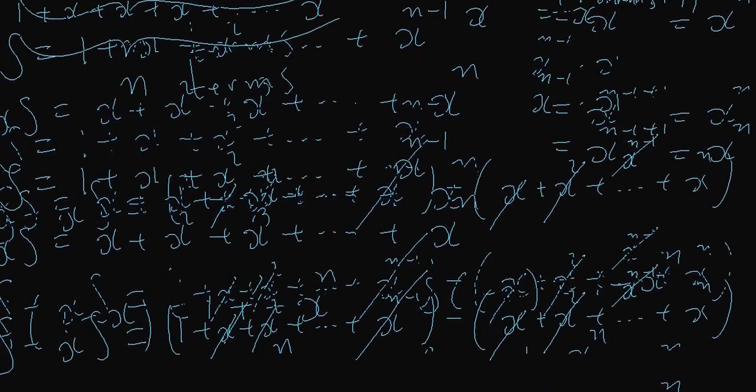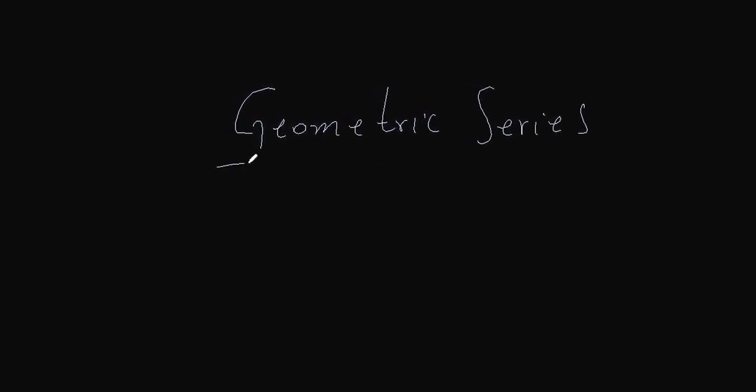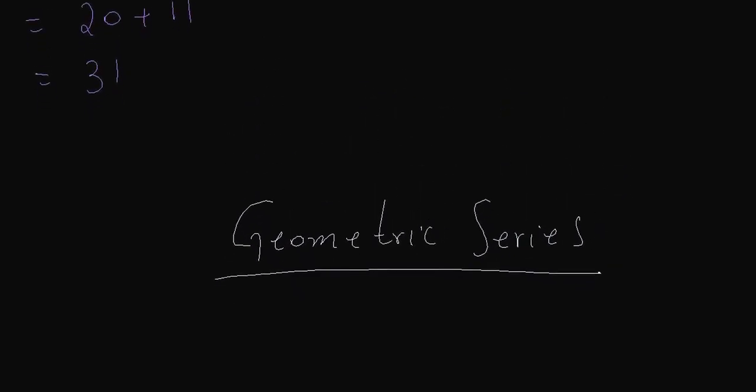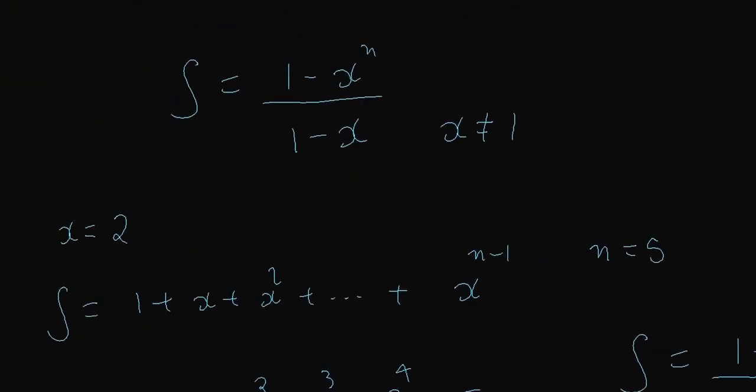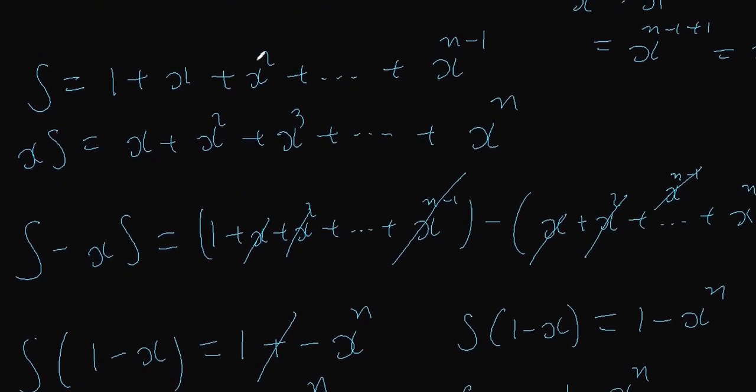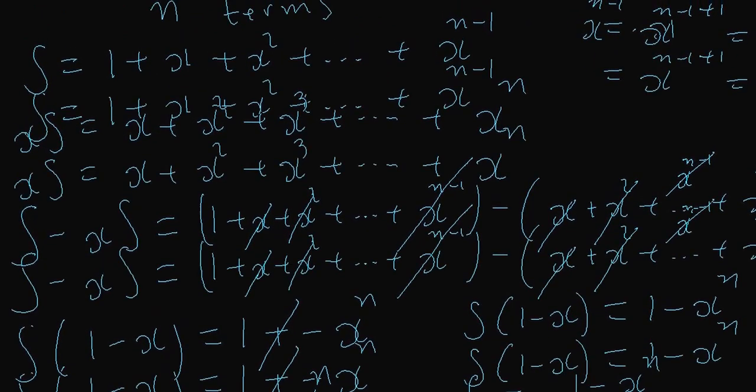So this is called a geometric series. Geometric series happens whenever you have a factor and you take all the powers of this factor and sum them up.